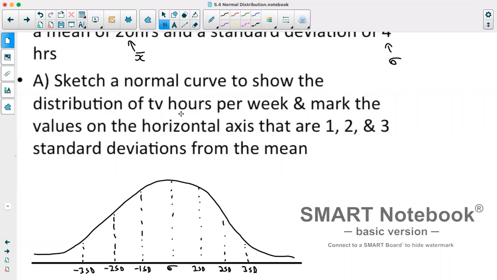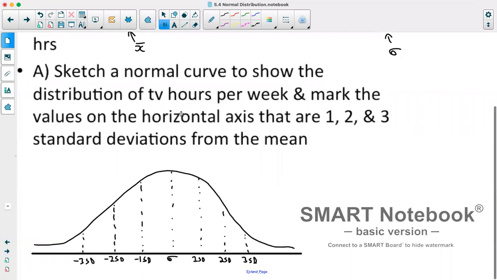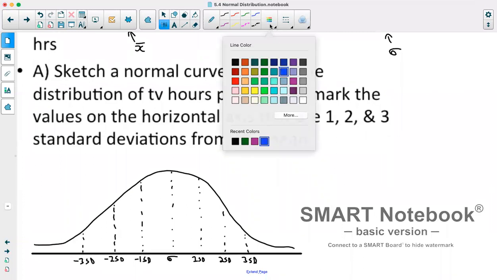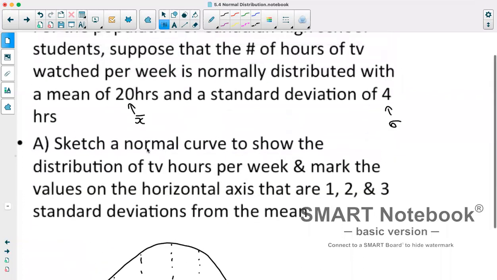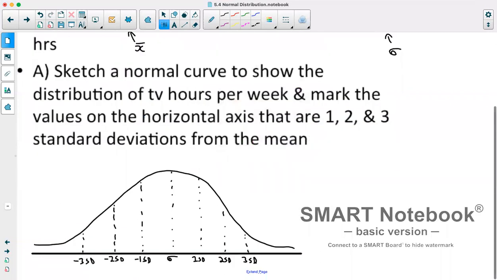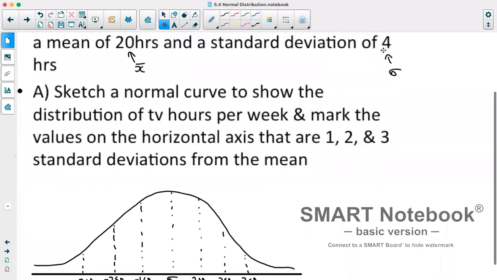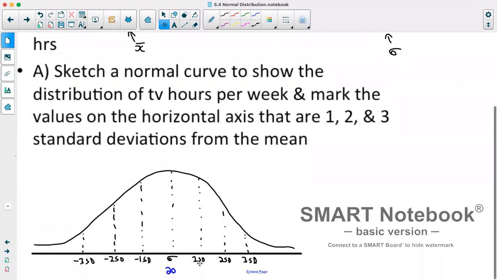Now we will label that with the information that we are given. We were told that our mean was 20 hours, so it's going to go in the center. And our standard deviation was 4. So 1 standard deviation over would be 20 plus 4, so it'd be 24. Another over, we'll add another 4, so that's 28.